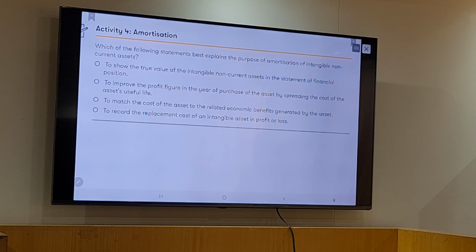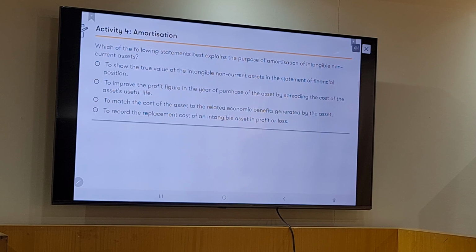Think about the depreciation. When we discuss the systematic allocation of the depreciable amount of the asset over its useful economic lifetime, here they are saying to match the cost of the asset to the related economic benefits generated by the asset.